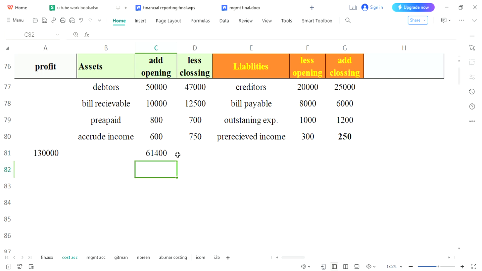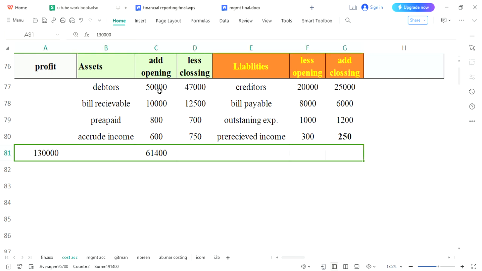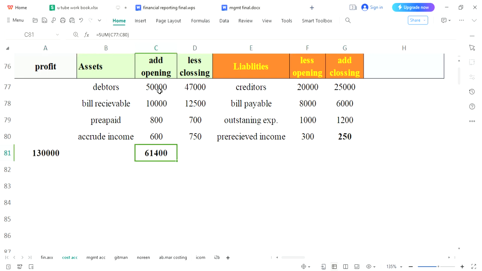So here we have all totals. We can make it a little bold. So we have got the sum. In the similar way, you will take the sum of all the amounts present in closing assets.